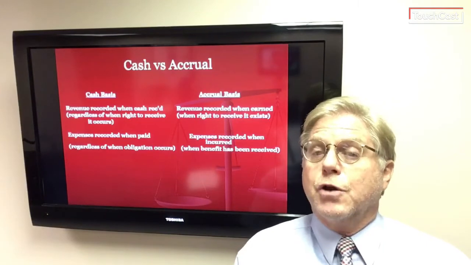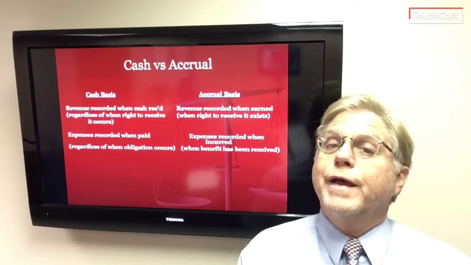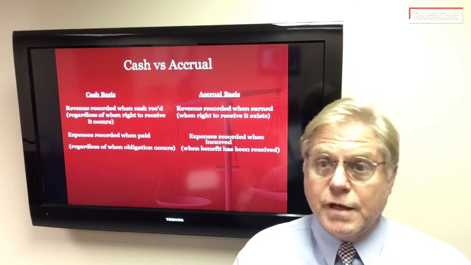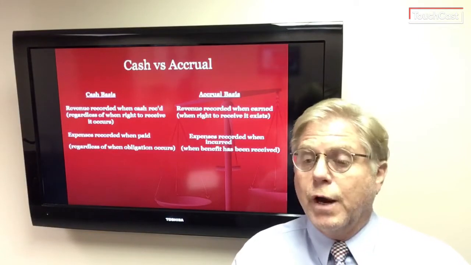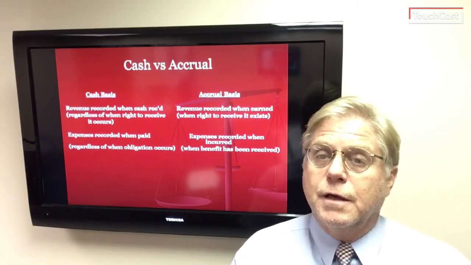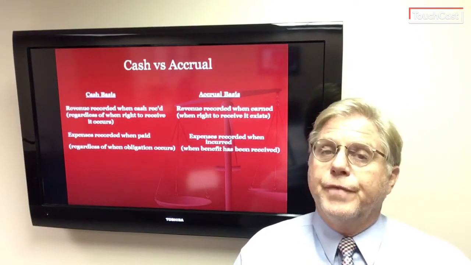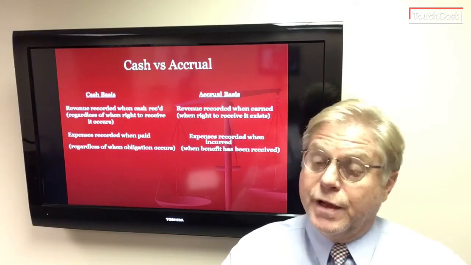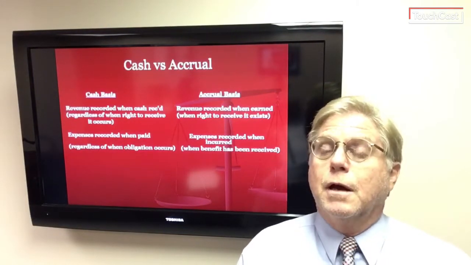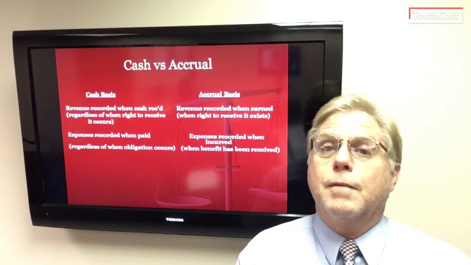Under the accrual basis, revenues are recorded when they are earned, that is, when the seller has conveyed the good or has completed the service that gives them the right to claim that they have earned that income.